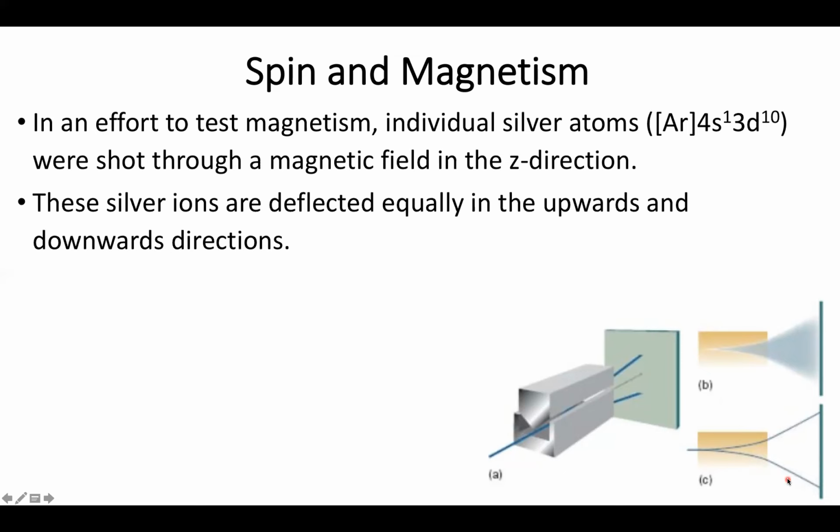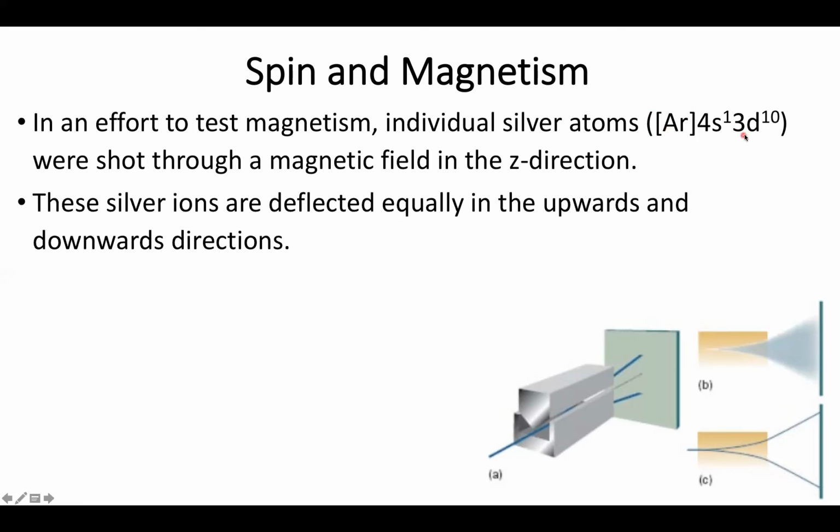All right, and this is a little bit odd, as it shows that it turns out silver is magnetic. Silver shouldn't be magnetic, because one of the important things to think about is most of the magnetism is going to come from angular momentum. But look at the electronic configuration of silver. In the core electrons, all the electrons will have equal amounts of positive and negative orbital angular momentum.